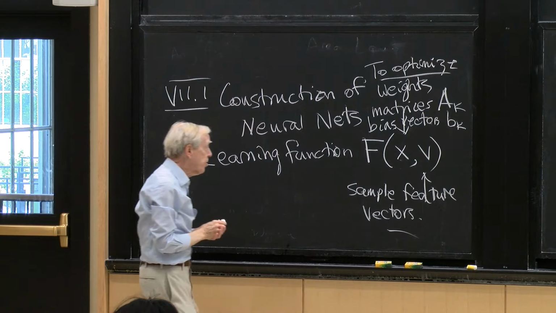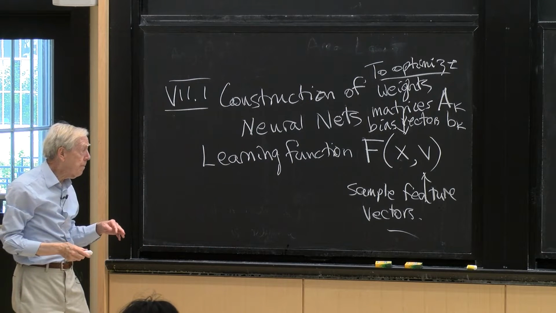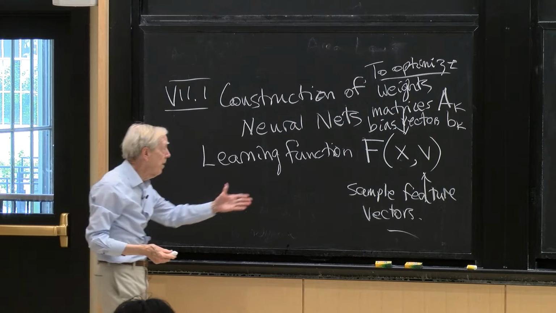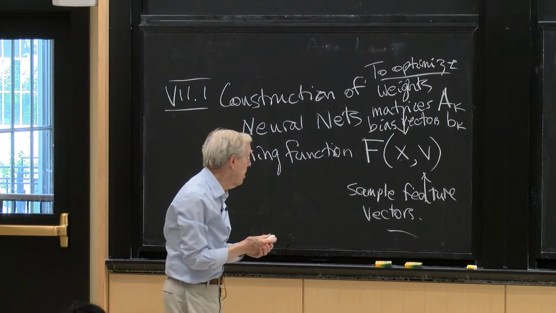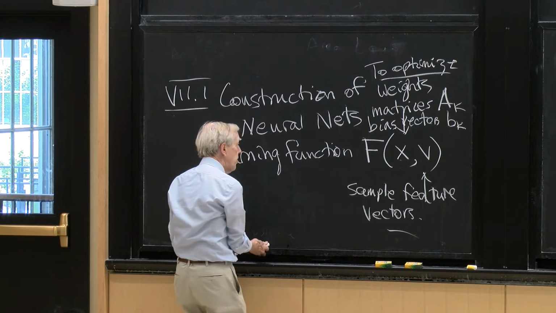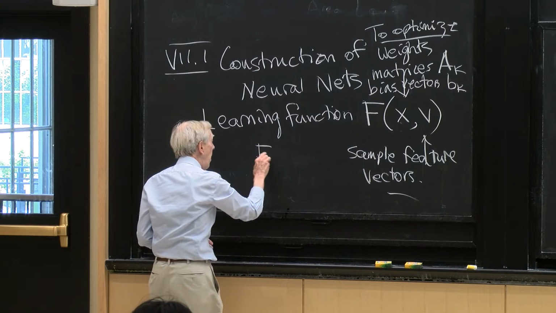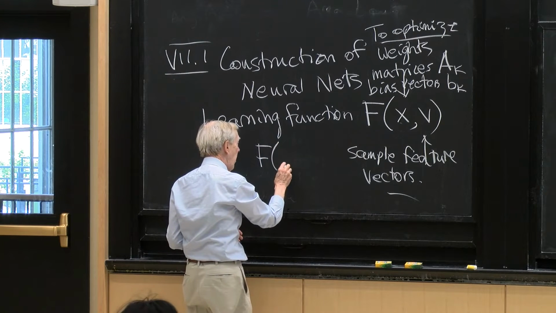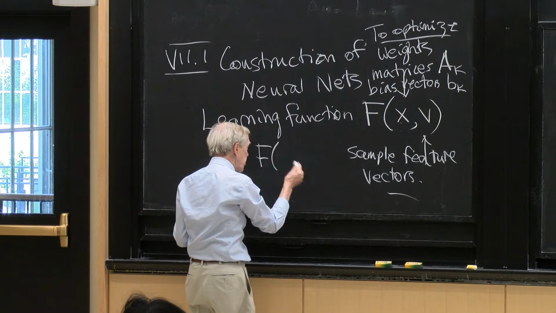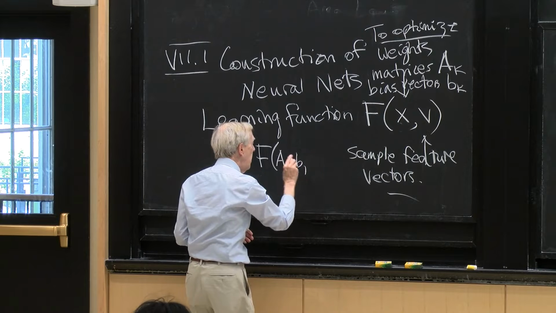And what's the structure of the whole of the learning function, and how do you use it? What does the neural net look like? So you take f of a first set of weights. So f of the first set of weights would be A1 and B1.